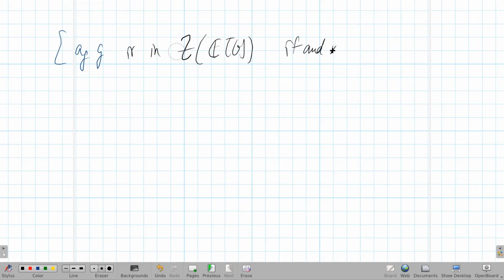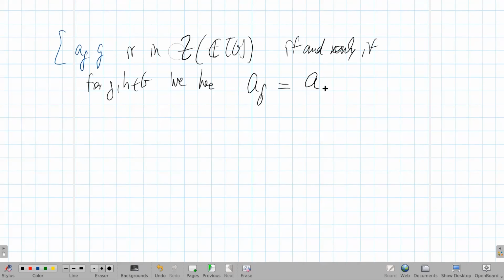So this is in the center, if and only if for G and H in G, the coefficient AG is equal to the coefficient of HG H inverse.